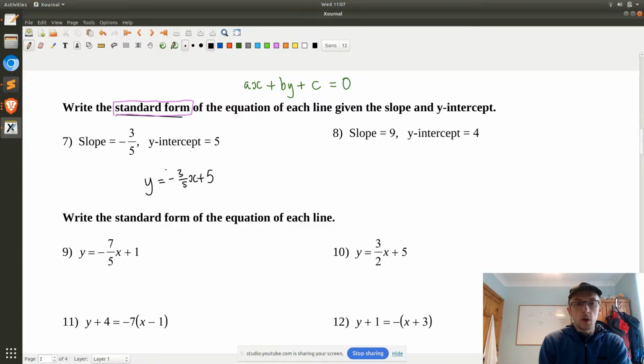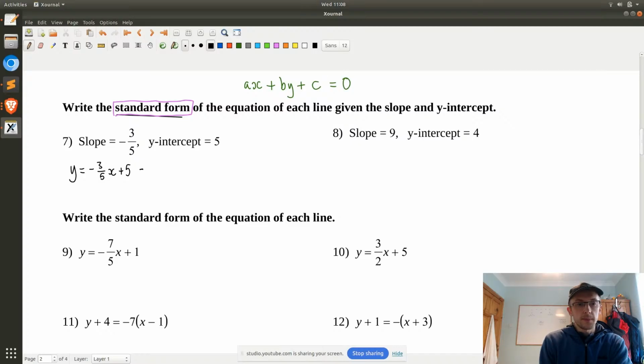This is slope-intercept form, not standard form. So let me just move that a little bit over because I'm going to do some work here. There's slope-intercept form. And you are going to transform this until it looks like standard form.